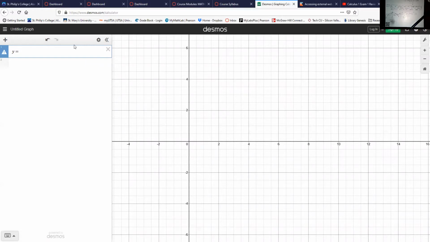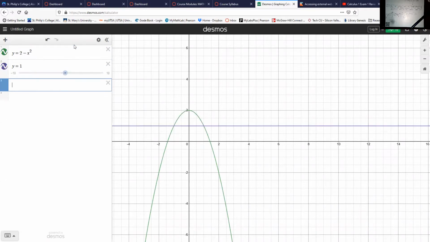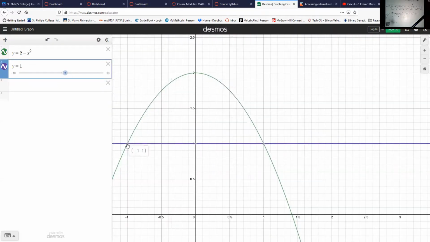Okay, y equals 2 minus x squared. y equals 1. So there's the region we were talking about, from negative 1 to 1. So that's where it's supposed to connect.